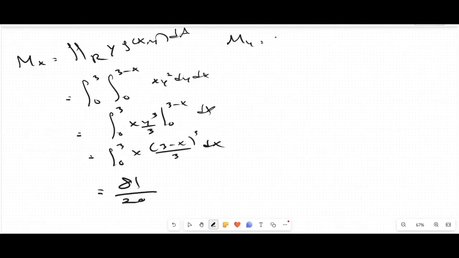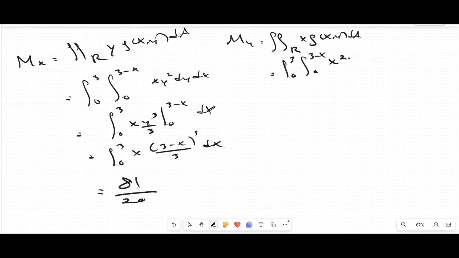The same idea now, but instead of the average y coordinate, we're finding the average x coordinate, still against the density. And this amounts in practice to that extra factor of x appearing.